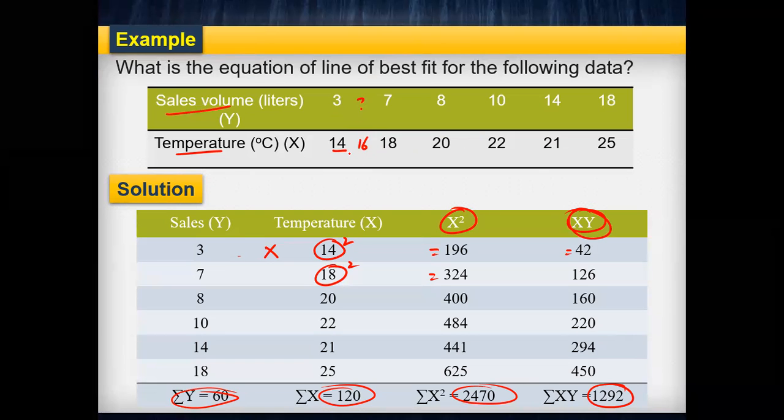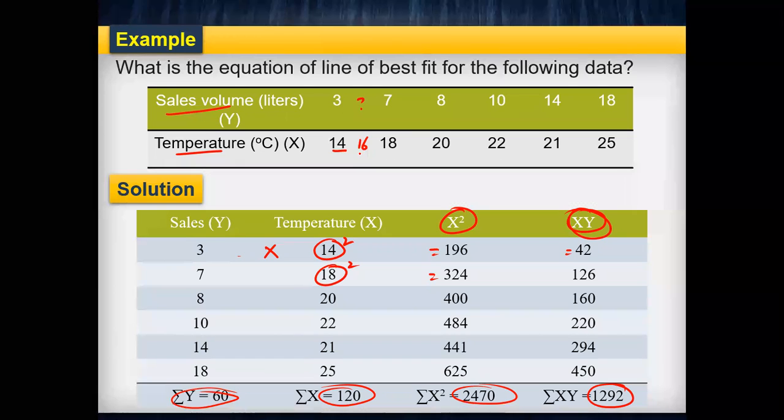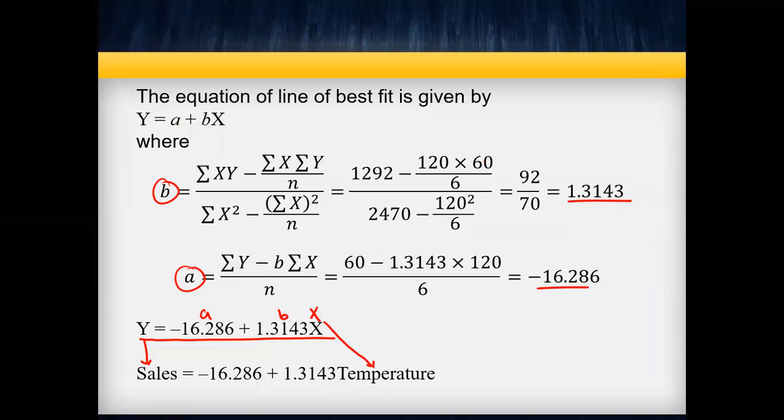What will be the sales if the temperature is 26 degrees centigrade? No answer. What if the temperature is 23? No answer. But whenever you have the regression equation, you put the temperature here.